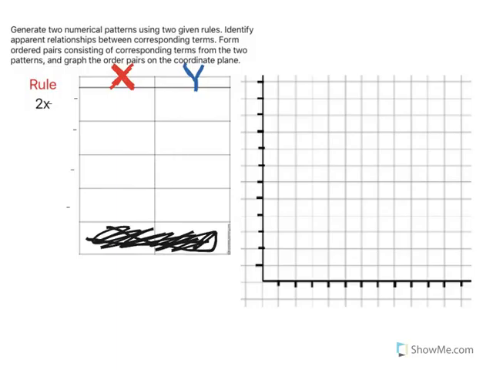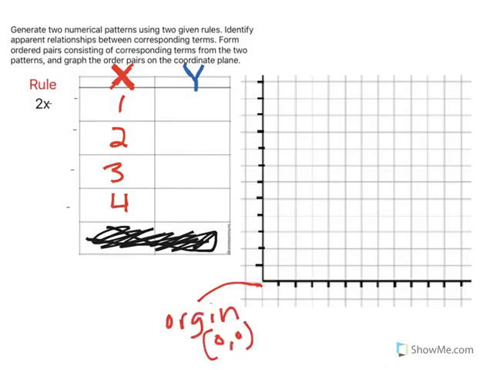We'll use 1, 2, 3, and 4. So this is our x coordinates. This is the origin right here at 0, 0, and this right here is our x-axis.